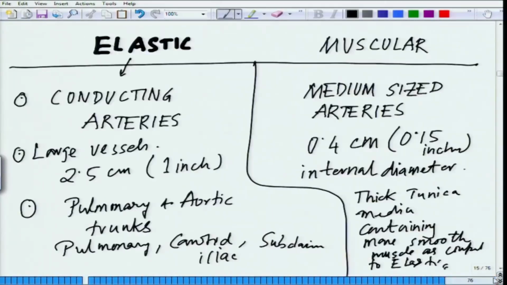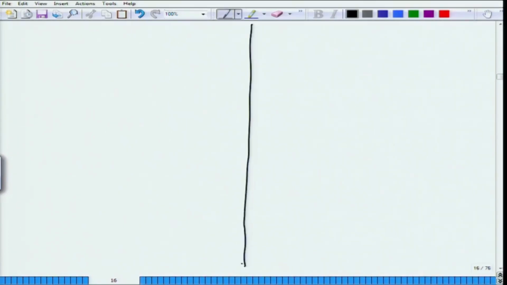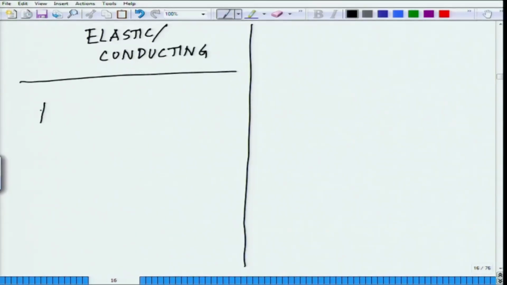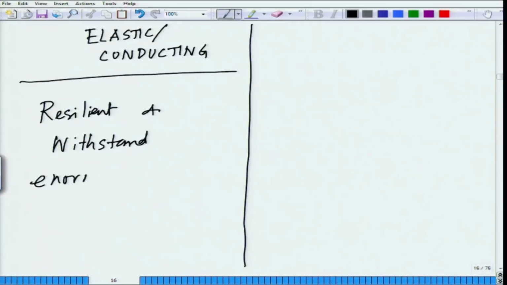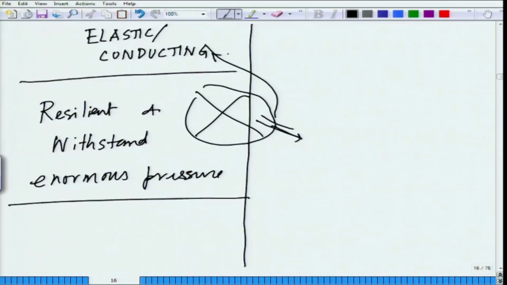And some of the other features of elastic or conducting arteries is that these are much more resilient, and I do not need to again highlight this point, and withstand enormous pressure. They can withstand enormous pressure because these are the ones from the heart, this is the heart, just immediately from there, these are the ones which constitute the elastic arteries.